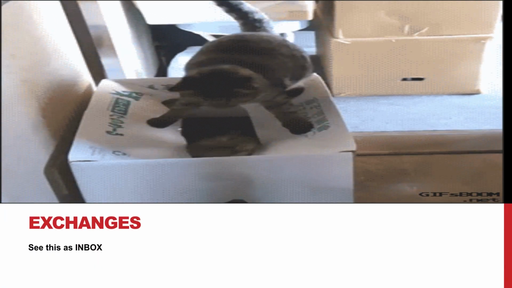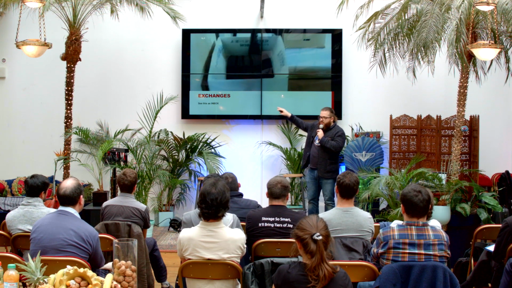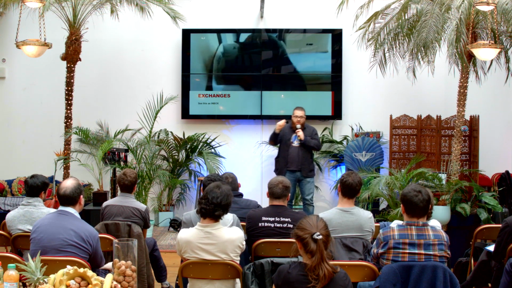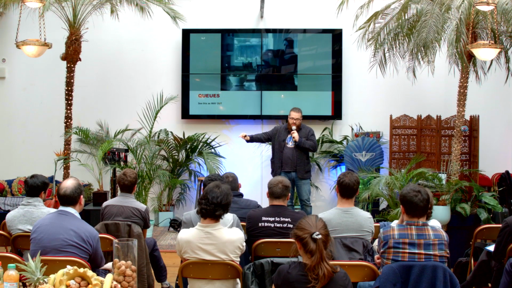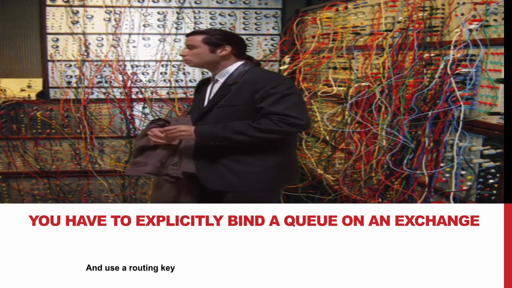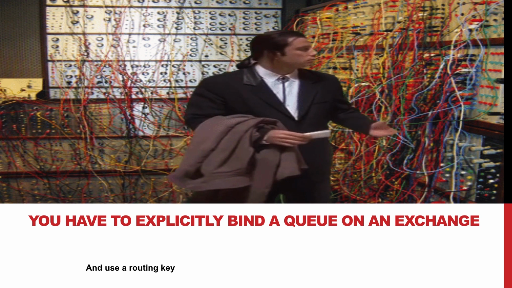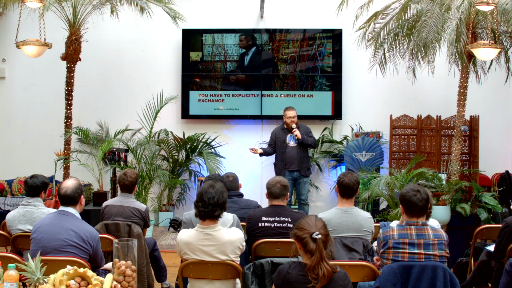Then there is the exchange. The exchange is the inbox. When you send a message, it goes to the exchange. And there is a queue. A queue is a way out. And you have to explicitly bind a queue to an exchange. By default, if you create a queue, there is nothing inside it.